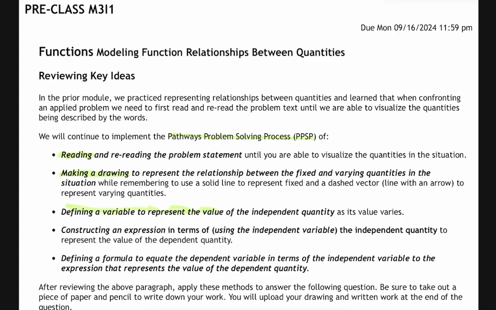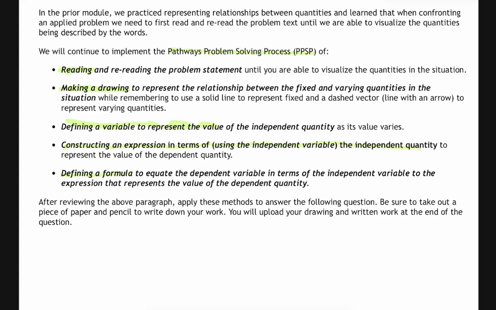Usually that's going to be your X. Many times in an application problem, it might be the time that has passed. Construct an expression using that independent variable, and then we get to define a formula. We've been doing this. That's not something that should surprise you.